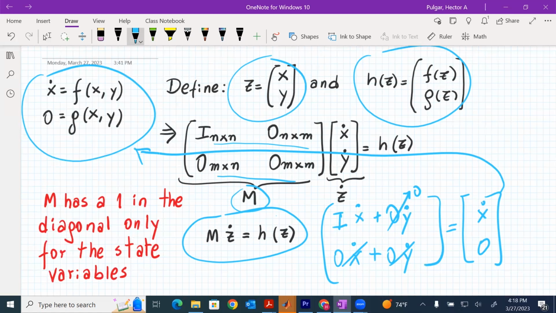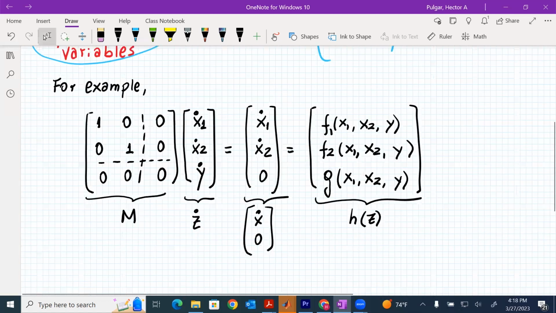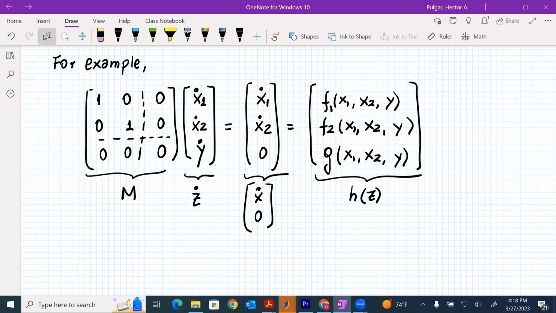You need to note that in the mass matrix, we're going to have a 1 in the diagonal, only for those diagonal terms that are related to a state variable. As an example here, I have a system with 2 state variables and 1 algebraic variable. So you have the differential equations and you have 1 algebraic equation.